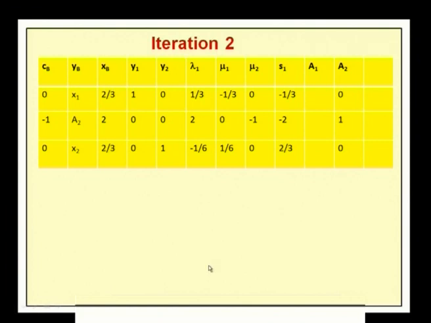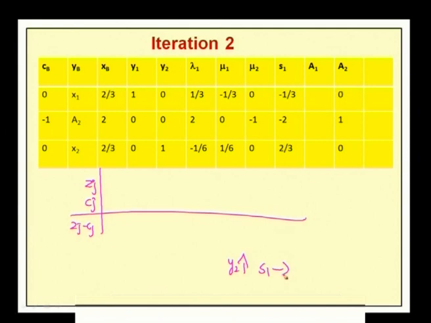Now, for this iteration, we have to check whether all Zj minus Cj are greater than or equal to 0. For that we have to compute Zj minus Cj for this table. In the previous table y2 enters the basis and S1 leaves the basis.